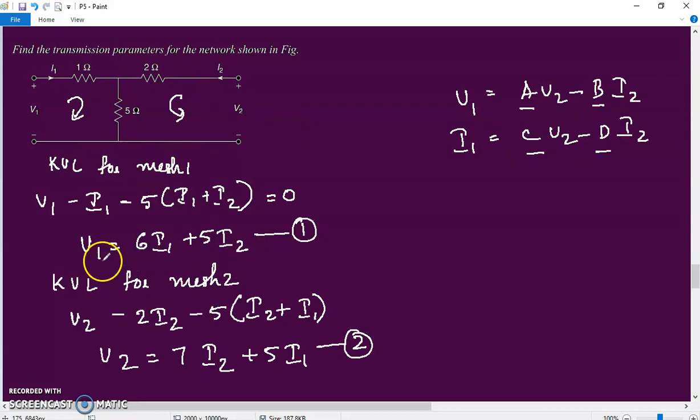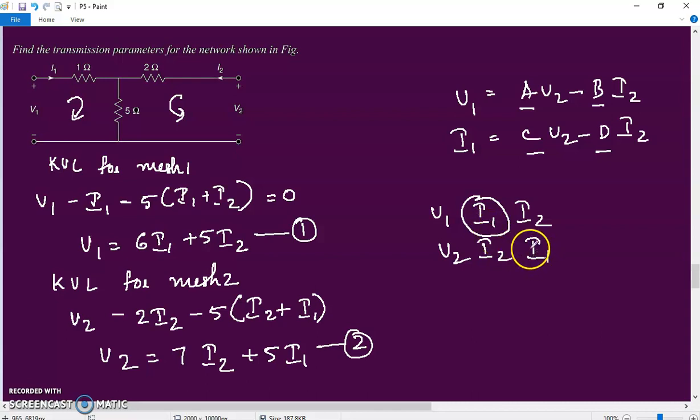So here we have two equations. The first equation is in terms of V1, I1 and I2, and the second equation is in terms of V2, I2 and I1. So we need the first equation in terms of V1, V2 and I2, but we have an equation in V1, I1 and I2. So here we need to replace I1 with V2.